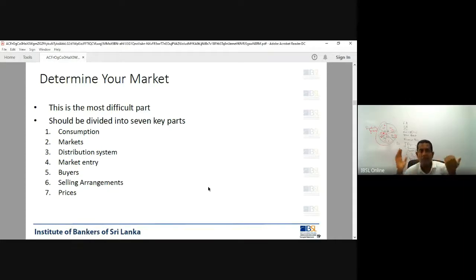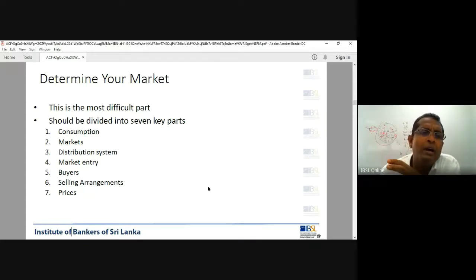What is the continuity of the consumption? What markets we are going to play? Distribution system, market entry barriers, buyers, who will be the buyers, selling arrangements, and pricing. So these things we need to look at when you are talking about the market, determining the market.